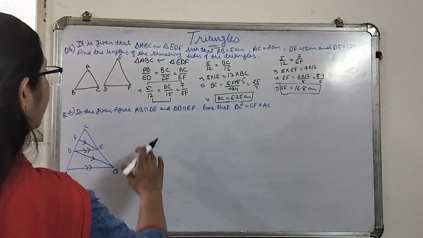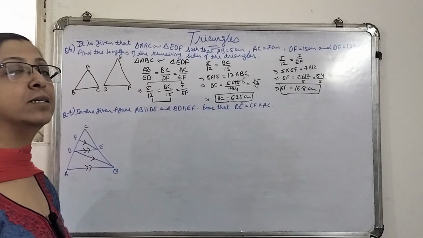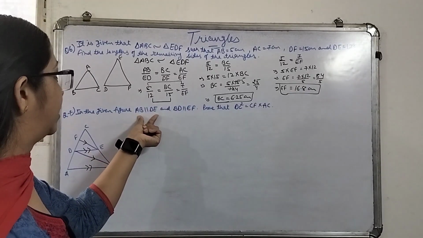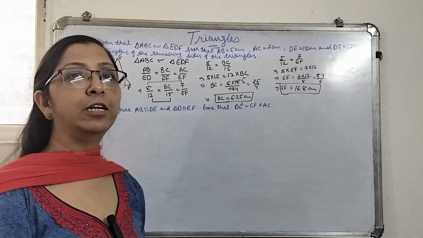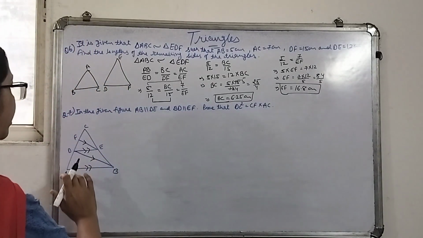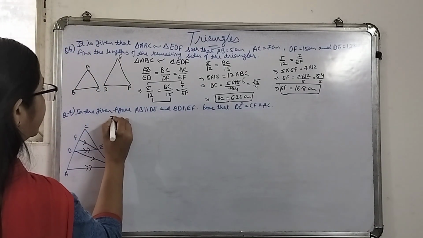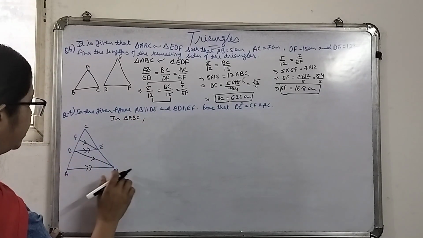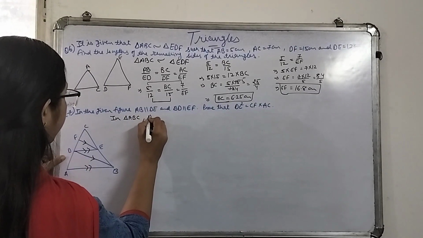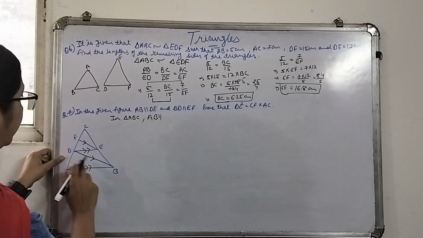So first of all, what we can conclude from this parallel. It is given to us that AB is parallel to DE and BD is parallel to EF. So in triangle ABC, first of all we are taking triangle ABC. In this triangle it is given to us that AB is parallel to your DE.